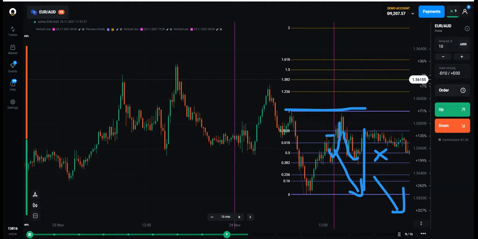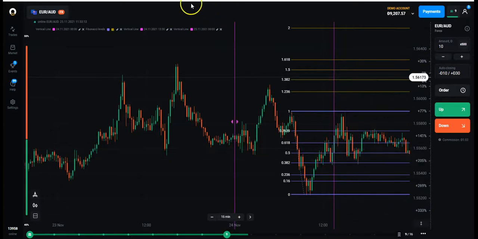It went even higher, it broke this high, the retracement, and because I did not expect it to go so high, I saw this as an indication of the market wanting to go higher. So therefore I just closed it off right there. It was about break even, so that was a nothing lost, nothing gained on this trade.